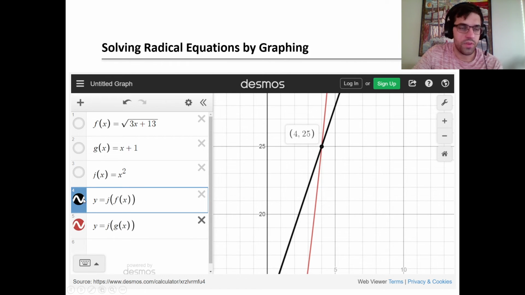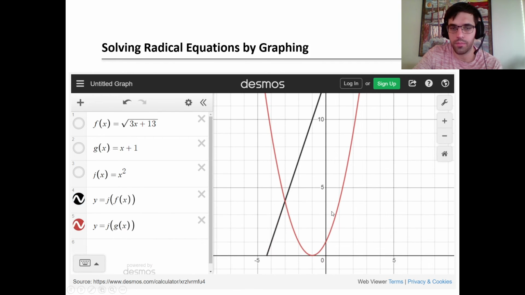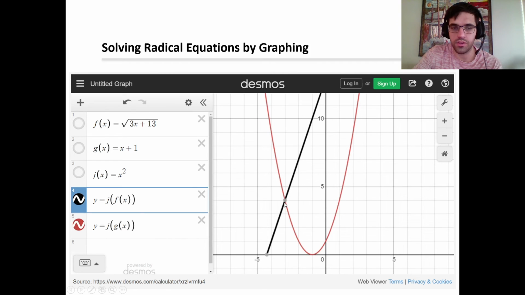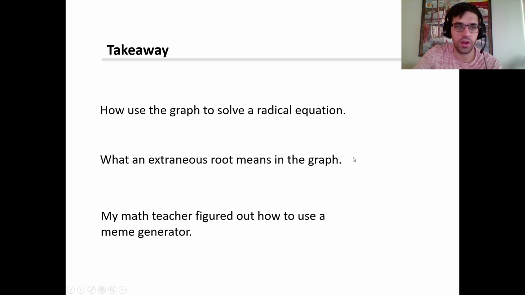So what we found is that when we square the function, instead of intersecting a radical and a linear, now we're intersecting a linear line and a quadratic. And this gives us an odd answer of negative 3, which is not on our original. I think I'm rambling at this point, so I'm just going to move on here.